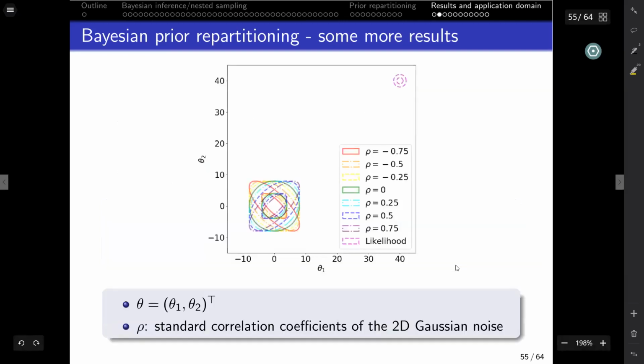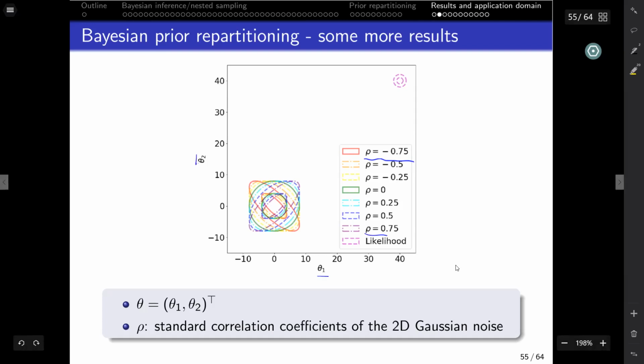Okay, we also tested some other results, including the correlated case. So rho here is the standard correlation coefficient of the 2D Gaussian case. So we have theta 1 and theta 2, and we have a correlation between them.